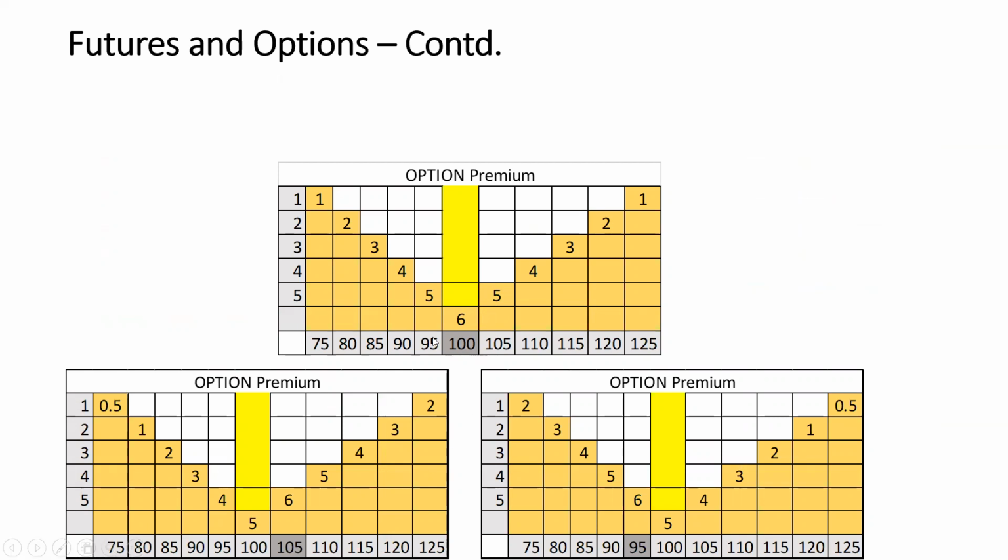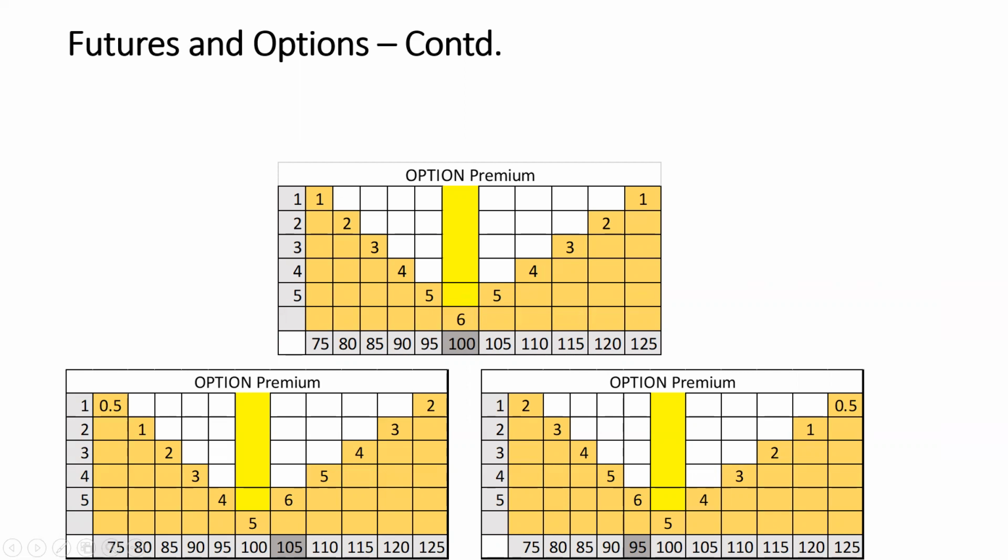The premium of the put option will be somewhere around 5, the 90 put option somewhere around 3, the 85 put option 3, like this, and you start reducing it. In the same way, for call options, the 105 premium will be 5, then 4, 3, 2, 1. At the bottom you're seeing 105, 110, 115, 120, 125 as the strike rates, and these are the premium values, how it's going to be.